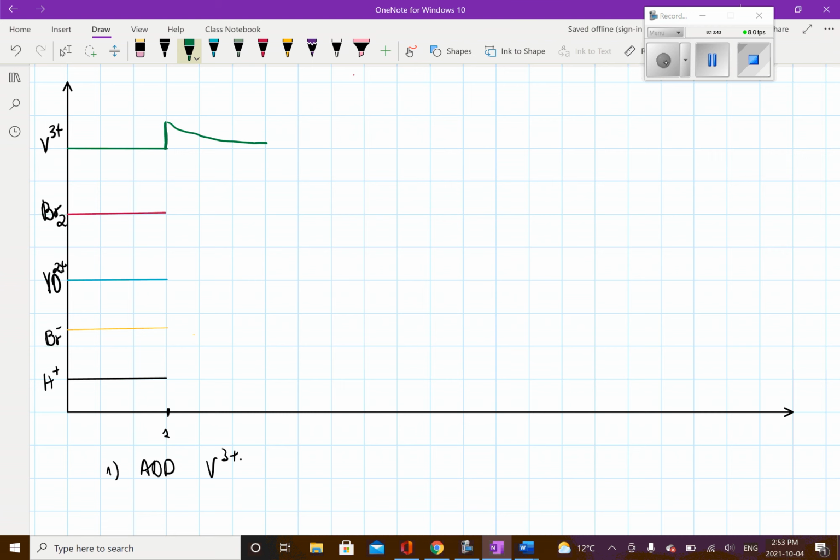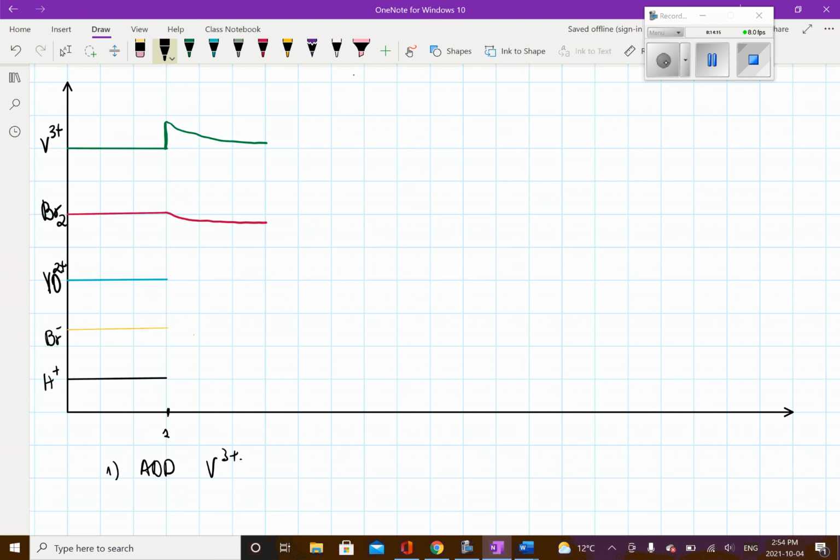And as we said when we explained the Le Chatelier's principle graphing, it never reaches the original point. And as it is reaching the equilibrium point, we will see a decrease on the bromine, because they are on the same side of the reaction.